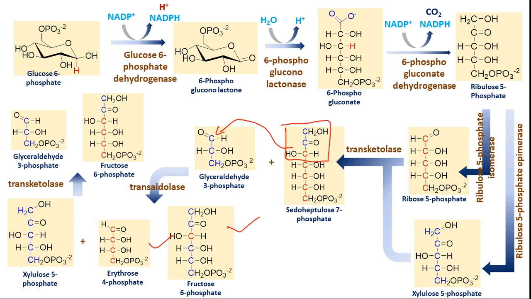And erythrose 4-phosphate, okay, so here the interesting thing is erythrose 4-phosphate and xylulose 5-phosphate, these two react with each other to give us glyceraldehyde 3-phosphate and fructose 6-phosphate.